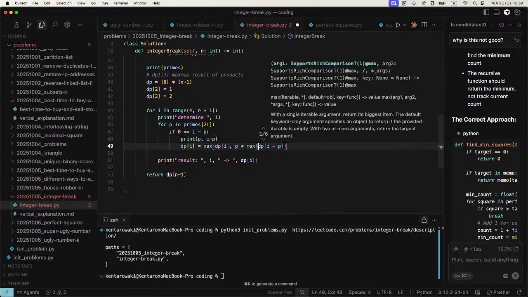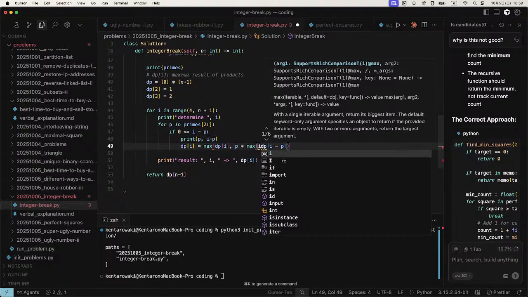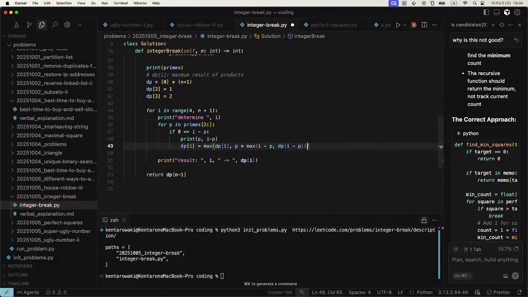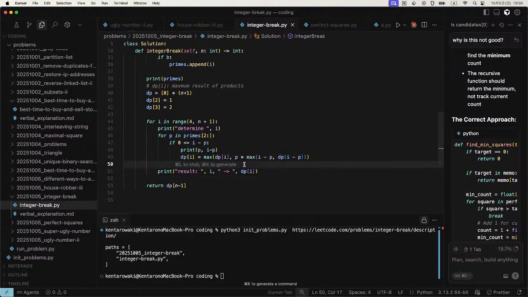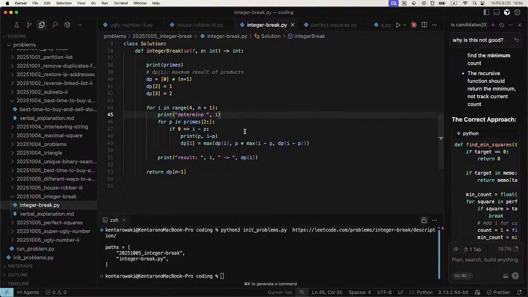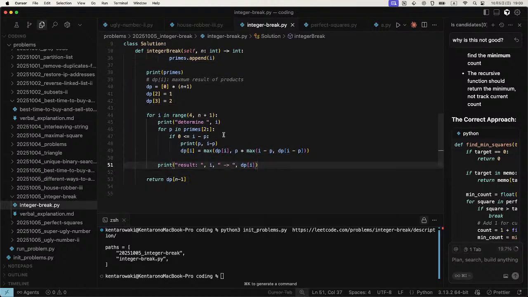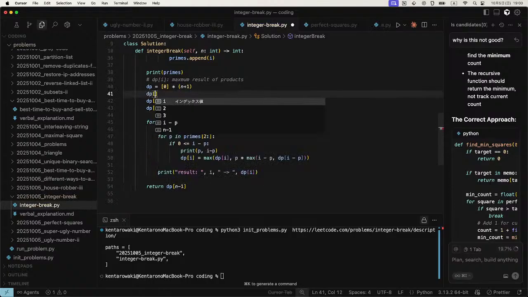The number itself might be greater than the number made by the product. So I minus p may be greater than the dpi minus p, right? How about this?